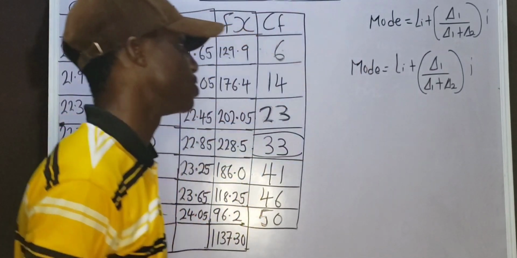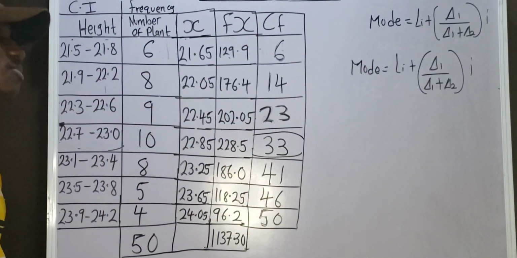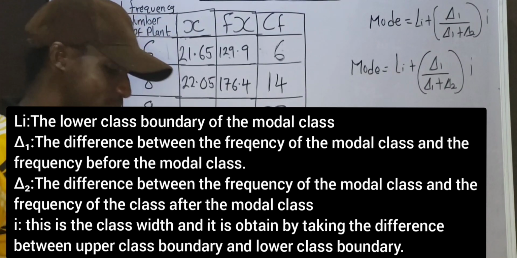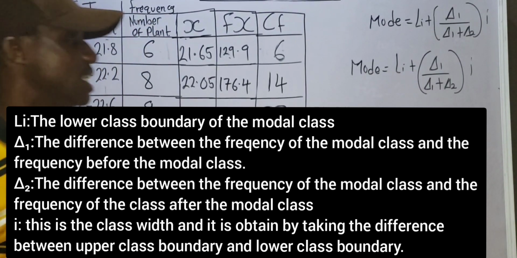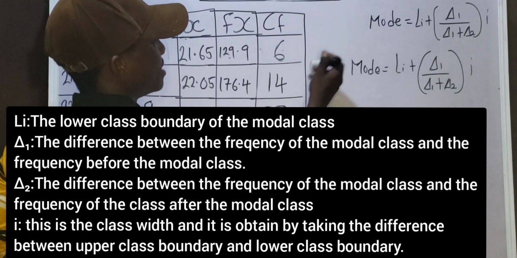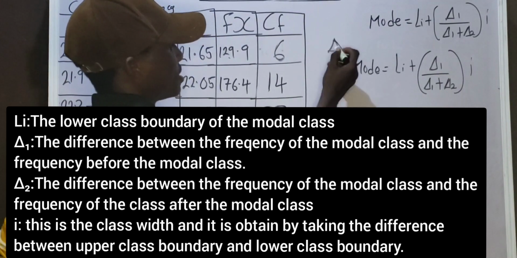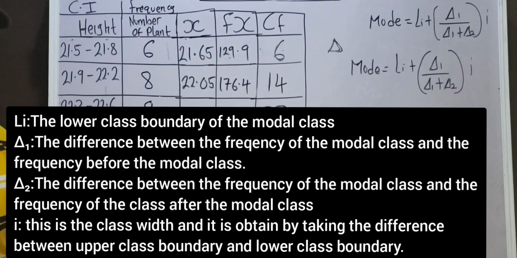Okay, I'm going to tell you the meaning of the parameters in the formula. Now, you can pen it down. L stands for the lower class boundary of the modal class, okay? Delta 1, this sign means delta, that is change, okay?